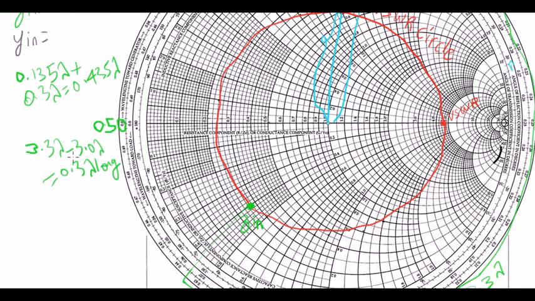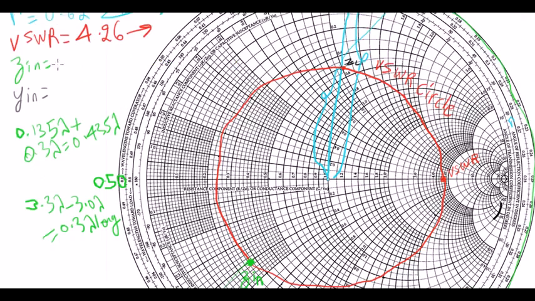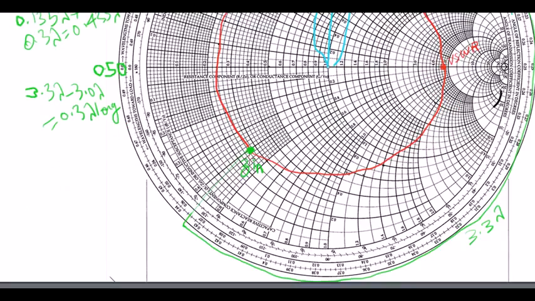Alright, so we can write this down here. 0.24, we got a resistance component, and now we need the reactance component, which is easy to see here, it's 0.4.